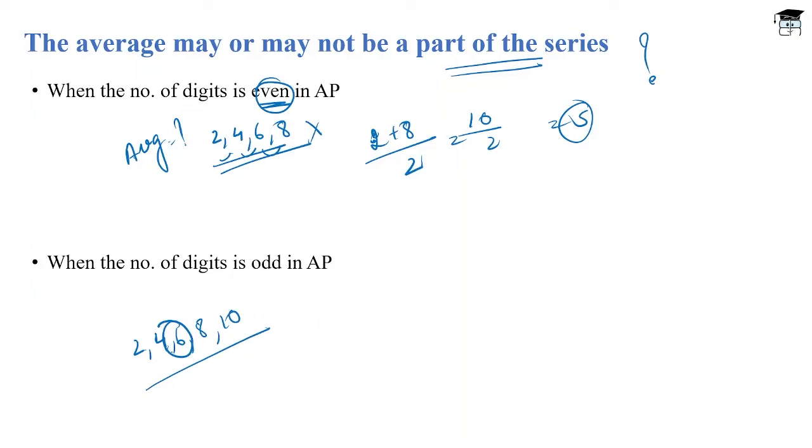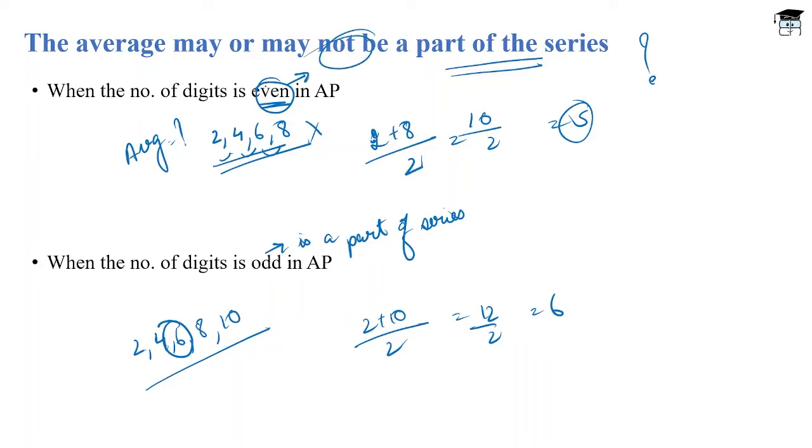So the average is the middle term, that is 6. Or you can say first and last, that is 2 plus 10 divided by 2 is equal to 12 by 2 is equal to 6. So 6 is a part of the series. So when the number of digits is odd, it is a part of the series. But if it is even, then it is not a part of the series.